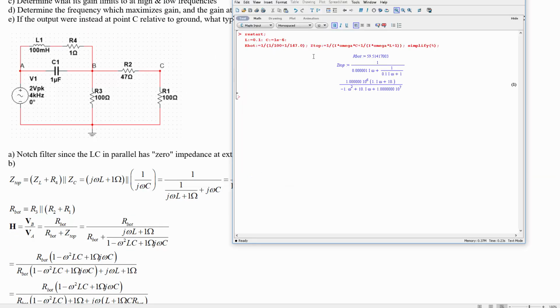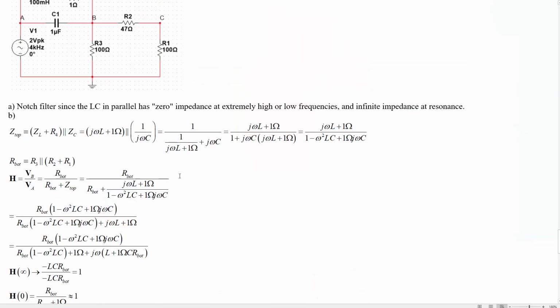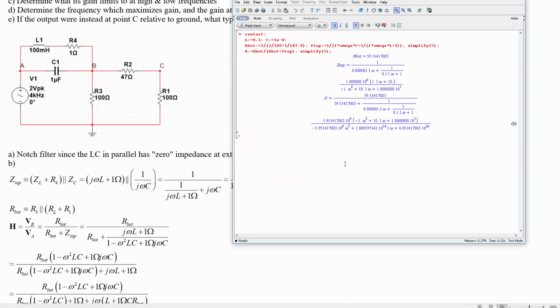Now, the next part is to figure out the transfer function. So H is going to be equal to the R bot divided by R bot plus Z top. And there's that. We can simplify that and get an expression which should have the same form as we calculated. So let's see. We've got something times a negative omega squared, and there's a constant there as well, and then an imaginary part, and then similar form in the denominator.